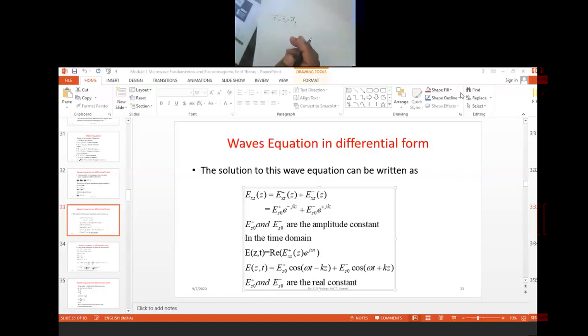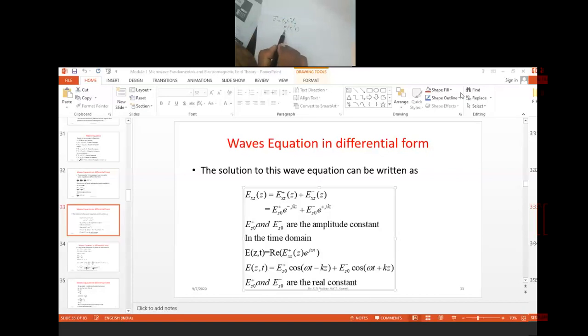So in the time domain, what we are writing, the electric field vector, if you see in the PPT, it is varying in the Z direction with respect to time. It means your wave is propagating in the Z direction.